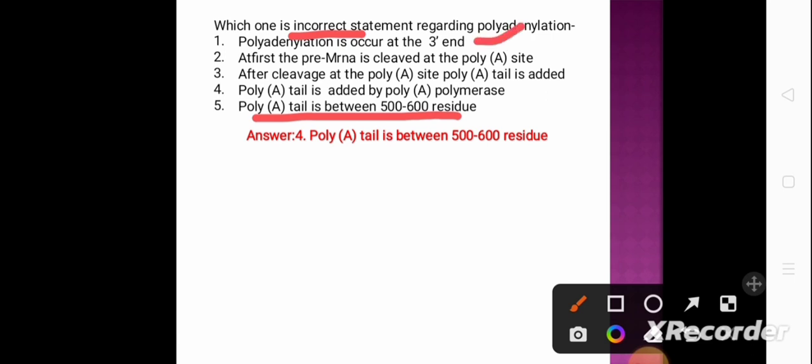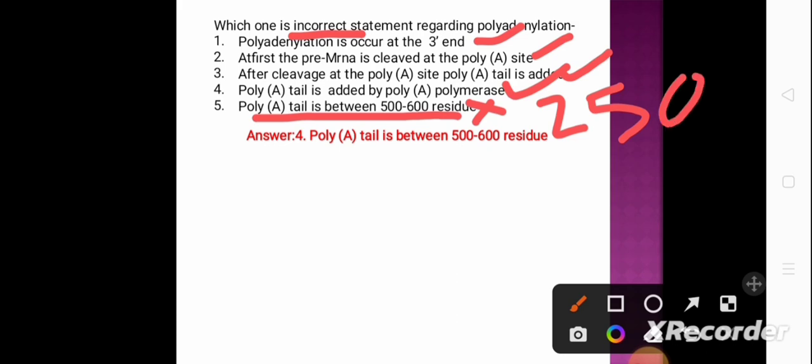For polyadenylation to occur, at first the pre-mRNA is cleaved at the poly-A site, which is also correct. After cleavage at the poly-A site, the poly-A tail is added, also correct. The poly-A tail is added by poly-A polymerase, also correct. The fifth option, that the poly-A tail is between 500 to 600 residues, is not correct because the poly-A tail is only about 250 residues long.